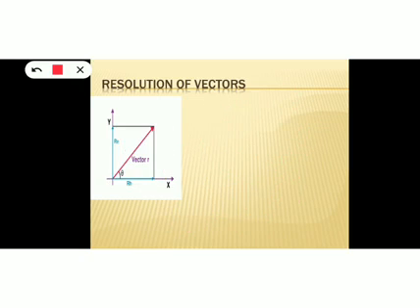Now, it is convenient to resolve a general vector along the axes of a rectangular coordinate system using vectors of unit magnitude. And these vectors are called unit vectors. So, what do you mean by unit vector?